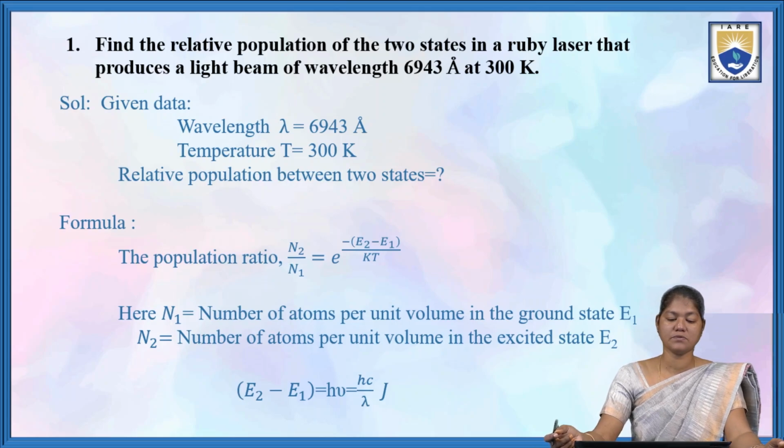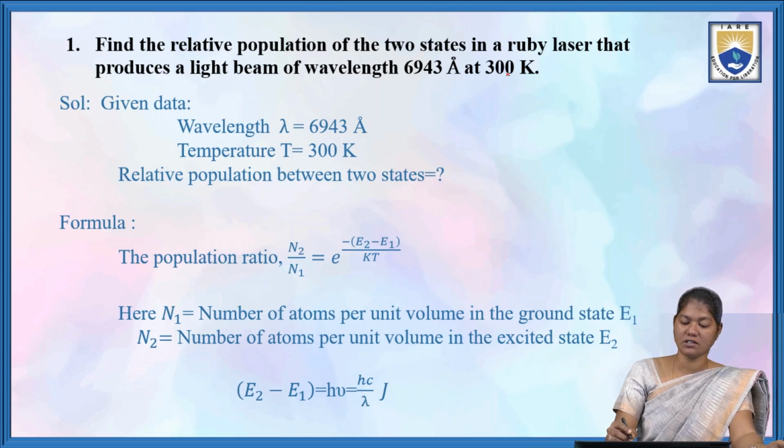So here we have to find the relative population of the two states in the ruby laser, whose light beam has a wavelength of 6943 angstroms at 300 degrees Kelvin.